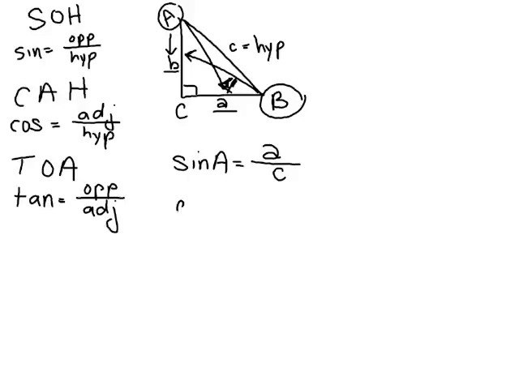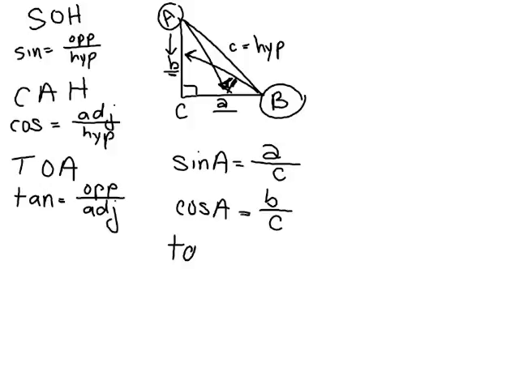If I do the cosine of angle A, right, so the cosine is adjacent over hypotenuse. So the side that is adjacent to the big angle A is our little b side over the hypotenuse.